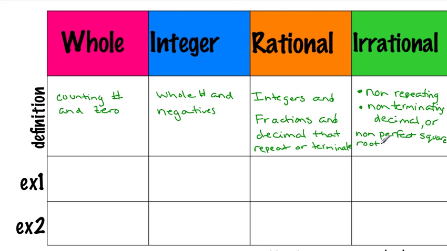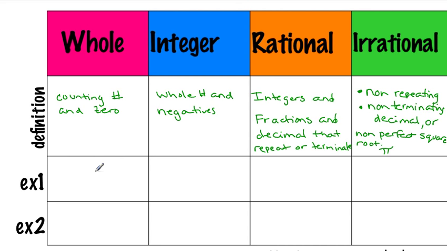Then we also have the comparison of the circumference and the diameter of a circle, and we get the ratio of pi. So that is another example, being pi.